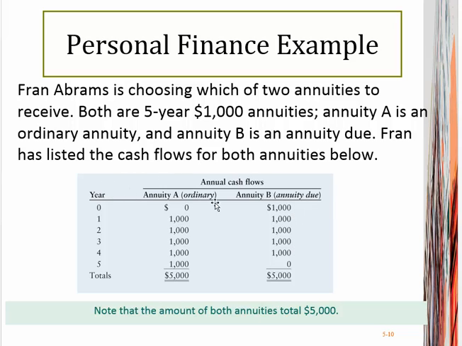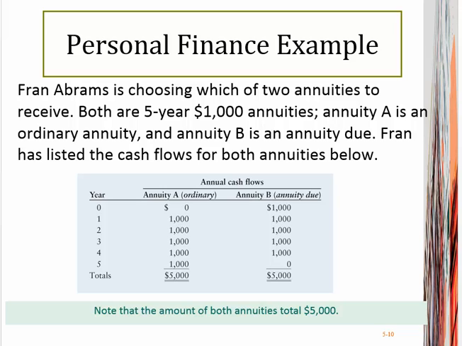The question for these two problems is, are these cash flows equal? Are they the same? Obviously they're not the same. However, we also need to understand which one is going to grow to the larger amount.